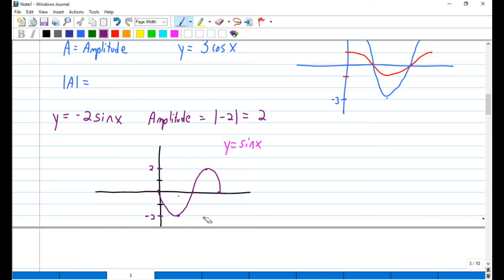Now, changing the amplitude of the trig functions doesn't always do the same thing. Changing the amplitude for sine and cosine changes the heights. It makes your high point and low point whatever that number is that we get for the amplitude.